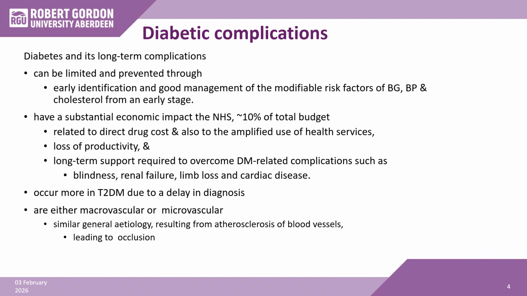support required to overcome these diabetes-related complications such as blindness, if somebody does develop retinopathy, renal failure, if they do get nephropathy, and limb loss as a result of amputation from gangrene. It does occur due to peripheral vascular disease and neuropathy, as well as cardiac disease.